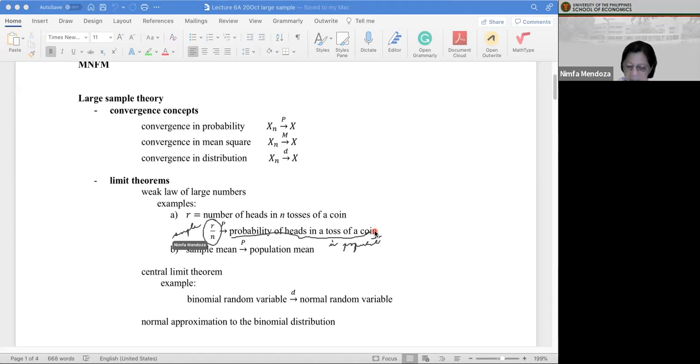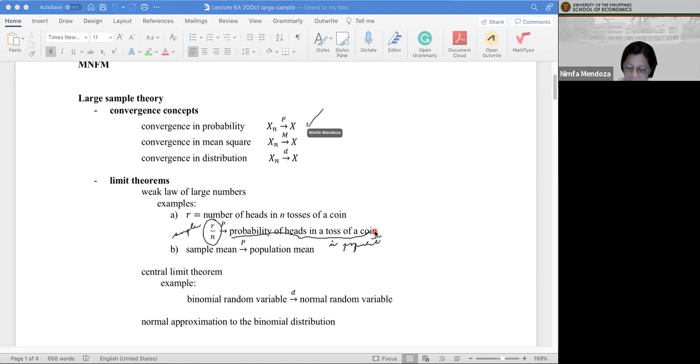And it turns out that R over n converges in probability to the population probability of heads in a toss of coin. So here we use the concept of convergence in probability.